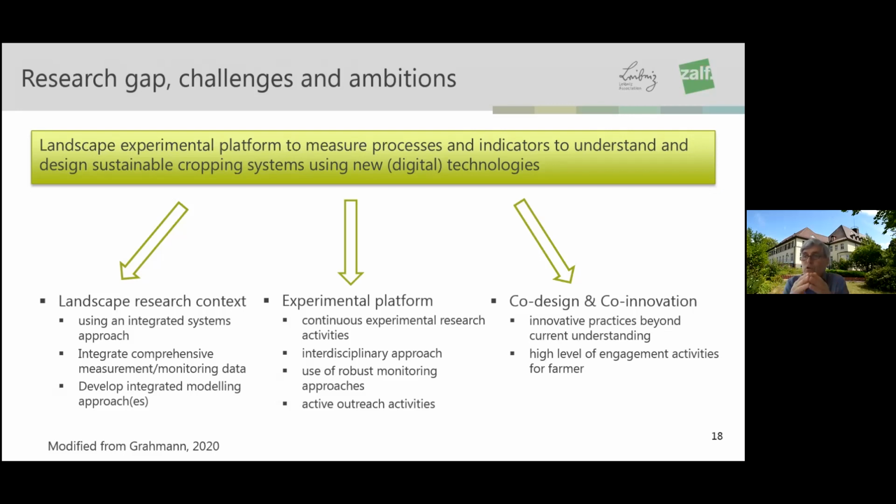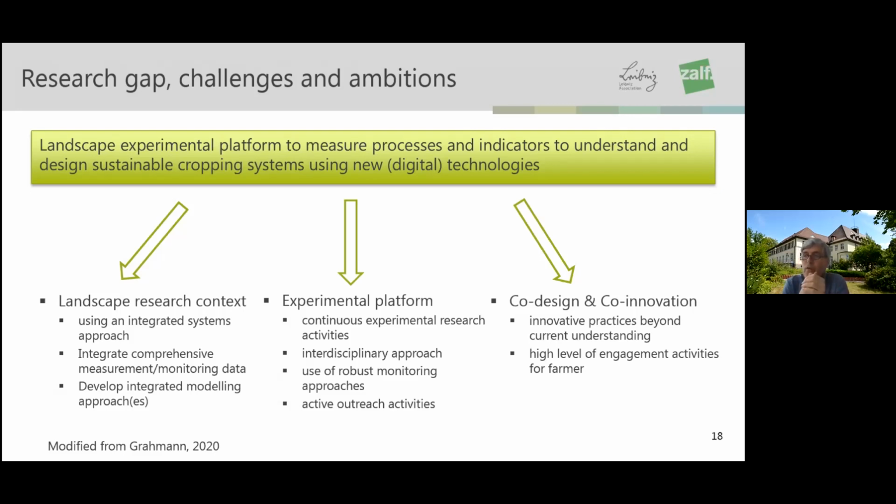This platform should be set up in a landscape context, and it should use an integrated systems approach. It should have a reference right from the beginning to an integrated systems approach. It should integrate comprehensive measurement and monitoring data, because only then you are able to make that multifunctional assessment. And it should develop integrated modeling approaches.